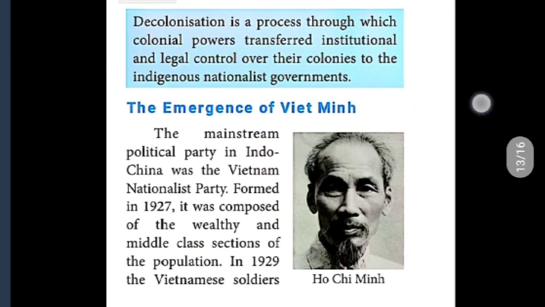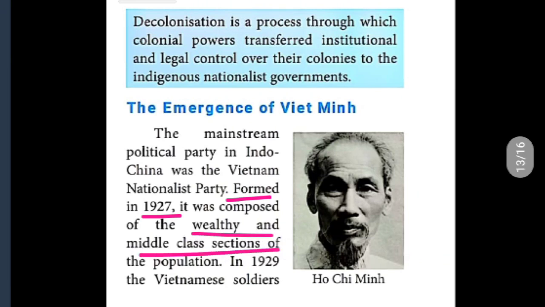It consisted of wealthy people as well as middle class people.